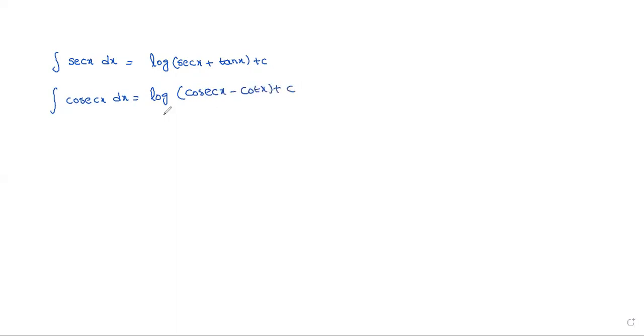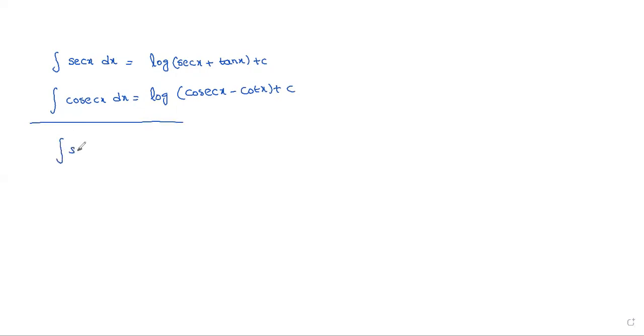Integration secant x dx is log of secant x plus tan x plus c. Integration cosecant x dx is log of cosecant x minus cot x plus c. So very important.